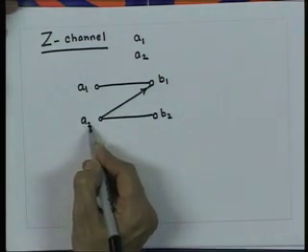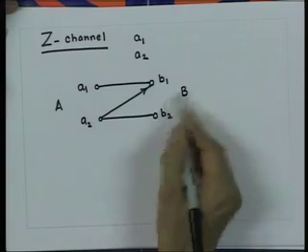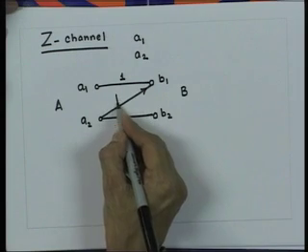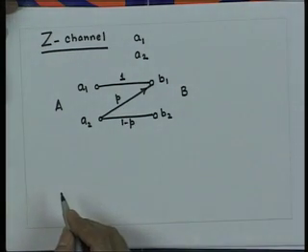A1 and A2 are the input alphabet, B1 and B2 are the output alphabet. This probability is 1, this is P, and this is 1 minus P.